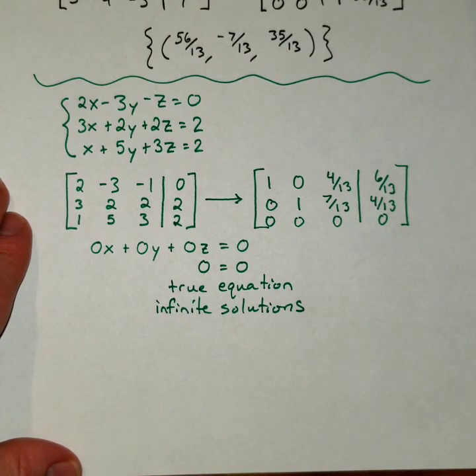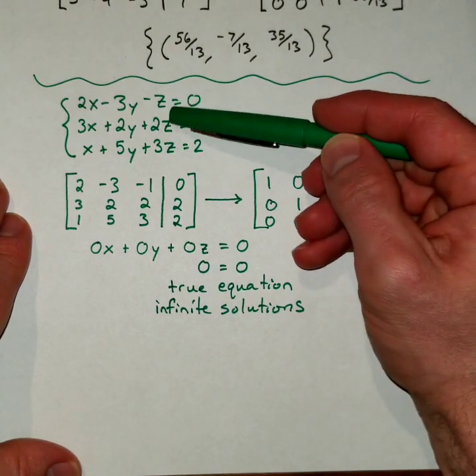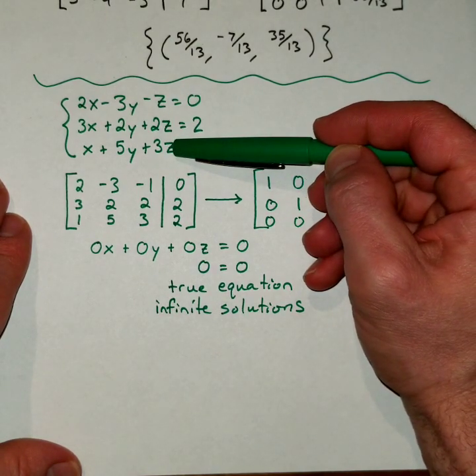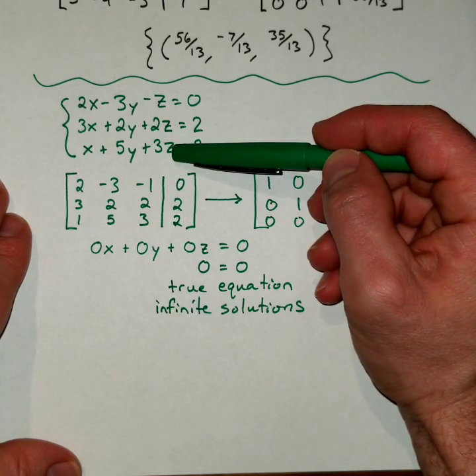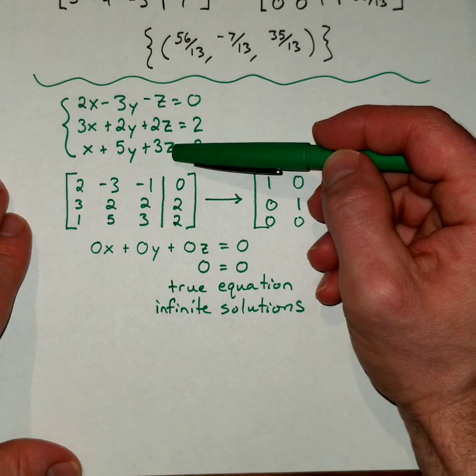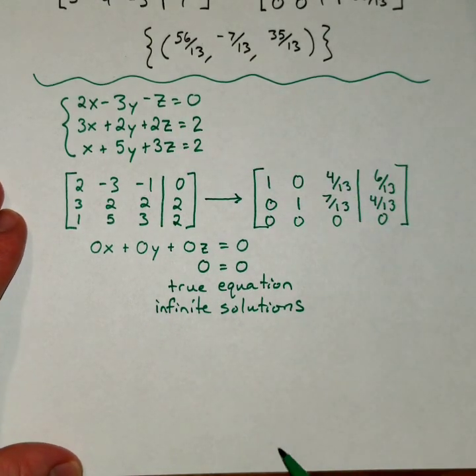In other words, the three equations here that represent three different planes in 3 dimensions, like sheets of paper kind of, they would intersect either in a line or in another plane. Okay, so they have infinitely many intersections.